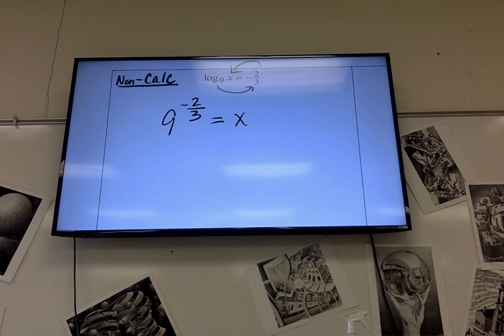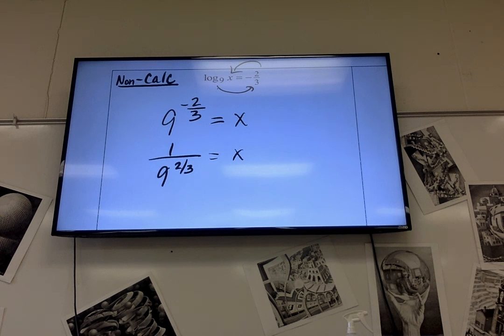I just call it the circle. It's not really a circle, but it helps me. Maybe it'll help. Now, how can I rewrite 9 to the -2/3? Give me one way. Anybody? 1/9 to the 2/3. So I can get rid of the negative exponent by writing it that way.